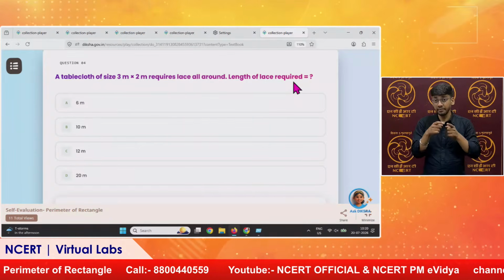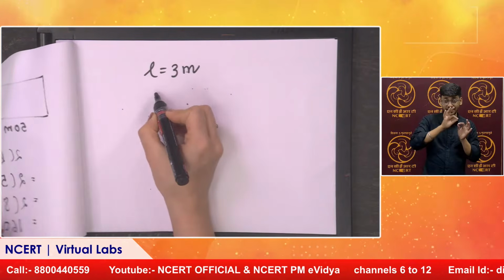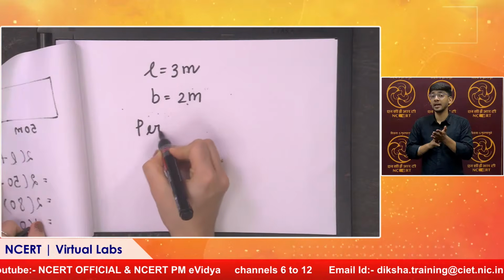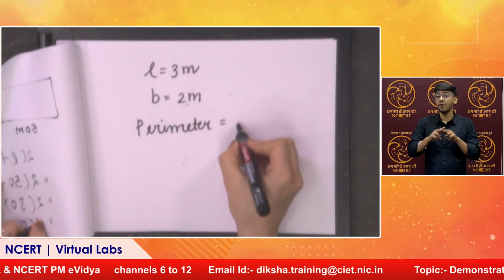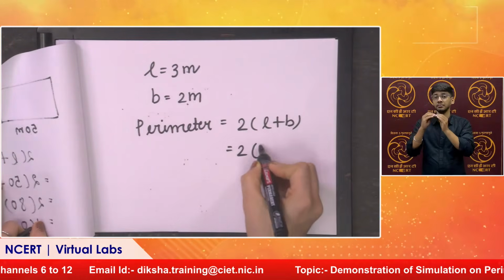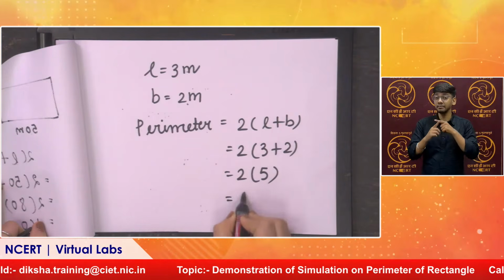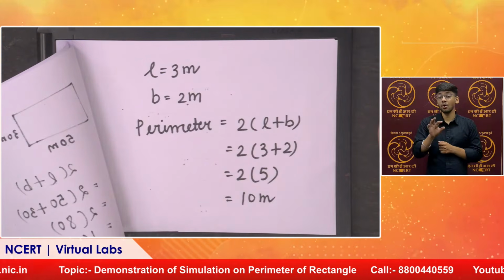Here the length is given as 3 meter and the breadth is given as 2 meter. So what is the formula of the perimeter? We just put the values in the formula. Perimeter of a rectangle is 2 into L plus B. So 2 into 3 plus 2, 2 into 5, this is 10 meter. So the correct option is option B.